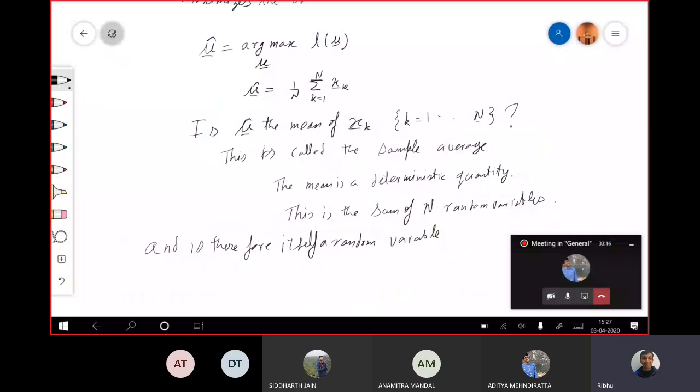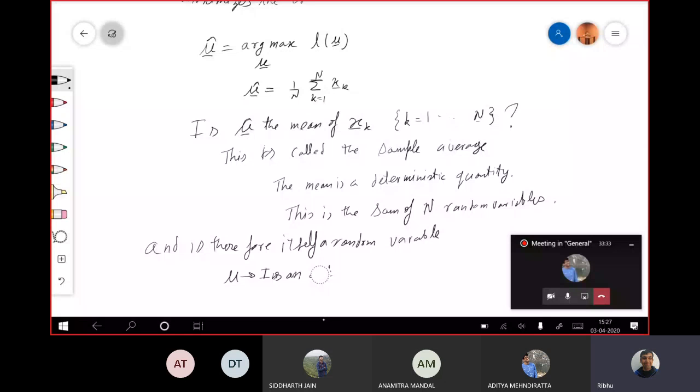So mu is an unknown deterministic quantity, and mu hat is the estimate of mu and is a random variable.